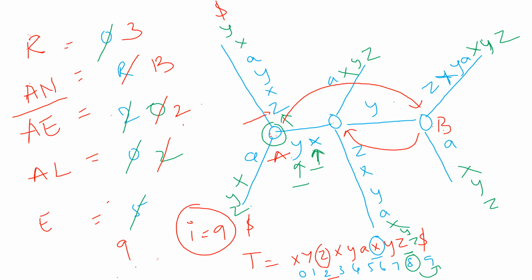So dollar here, already dollar is there, I added dollar everywhere, and active node will become B, and active edge is still 2, and active length is 1. Sorry, I decremented earlier, so active length is still 1.